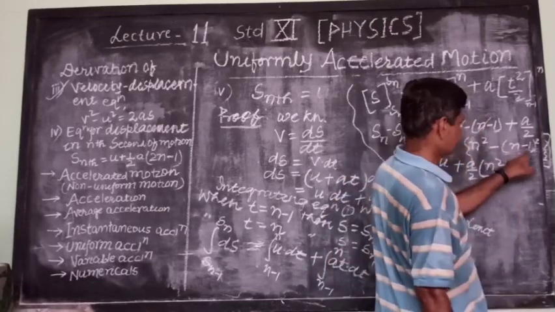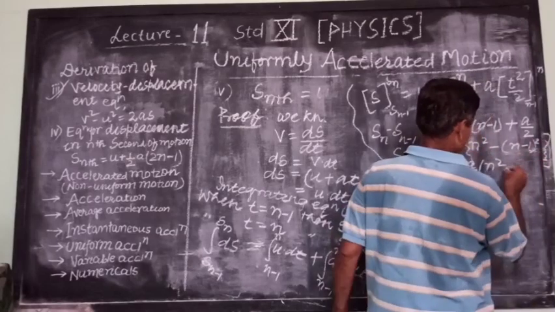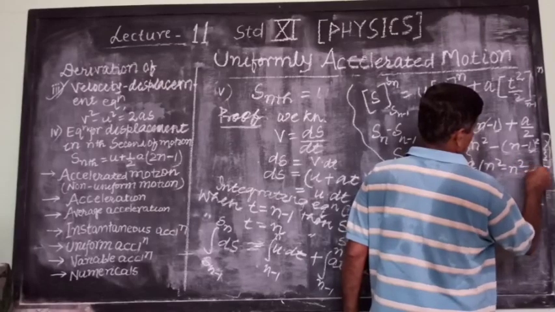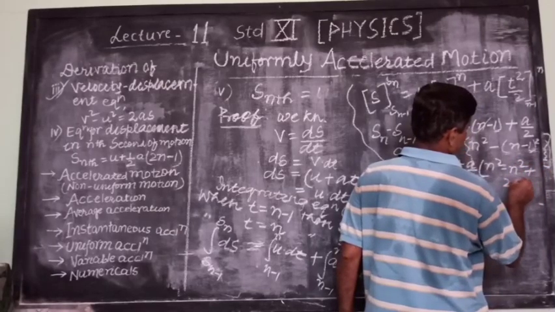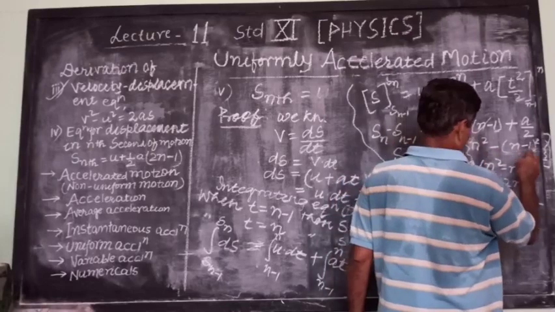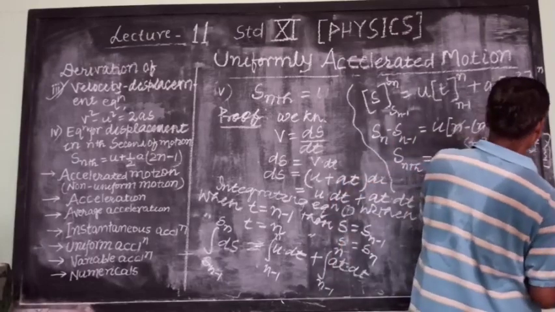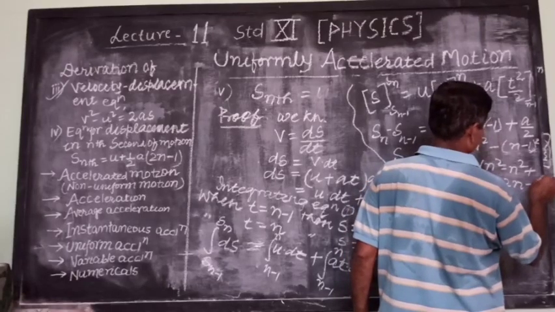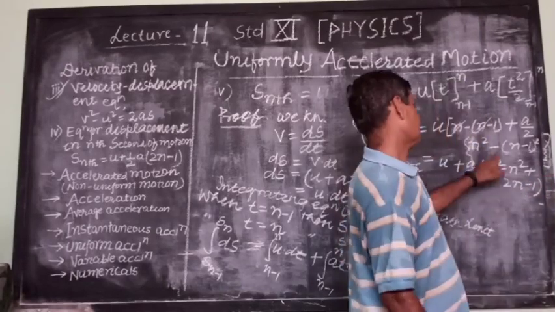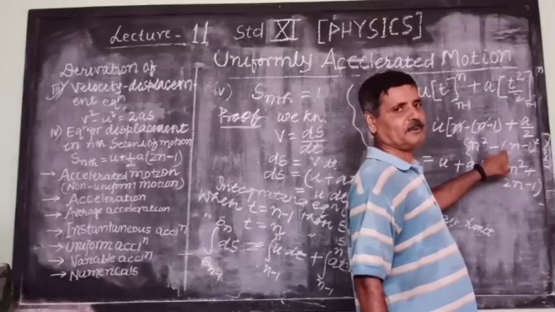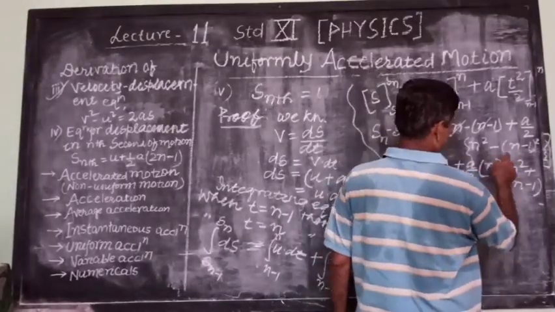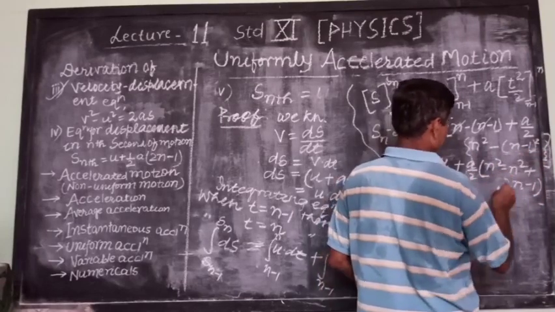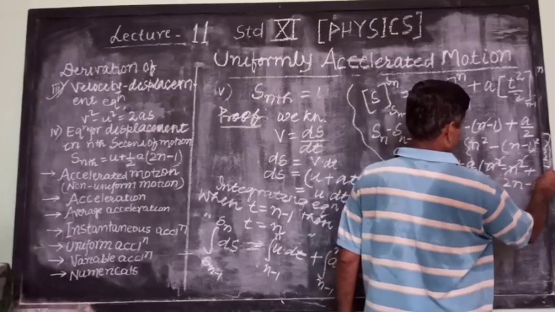The formula of a minus b whole square: n square minus 2n plus 1, but this sign is negative, so this will be minus 1. Multiplying it by negative sign, this n square cancels.